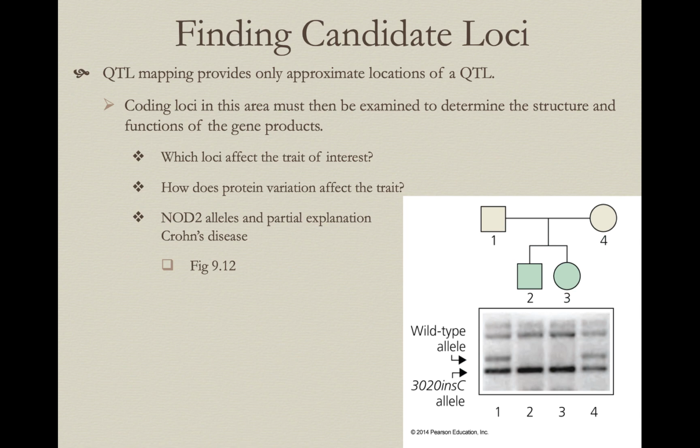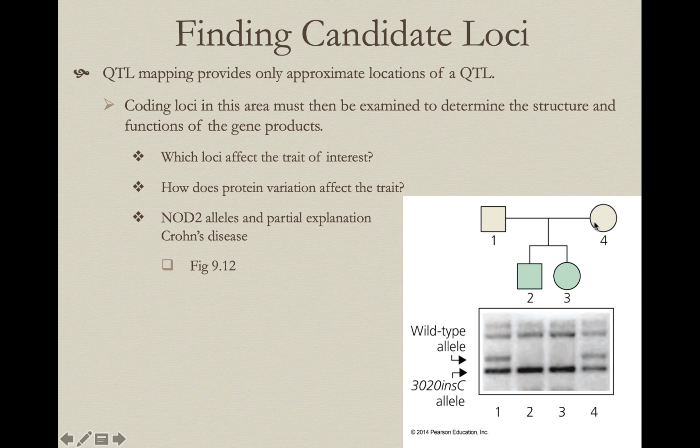This type of approach has allowed us to understand a little bit about Crohn's disease. Again, it's a polygenic trait, so it's not a complete explanation for why some people have it and some don't, but you're more prone to Crohn's disease if you are homozygous for the mutant.